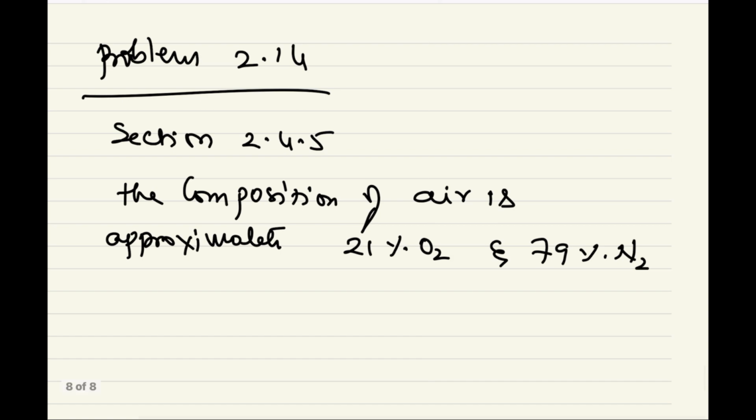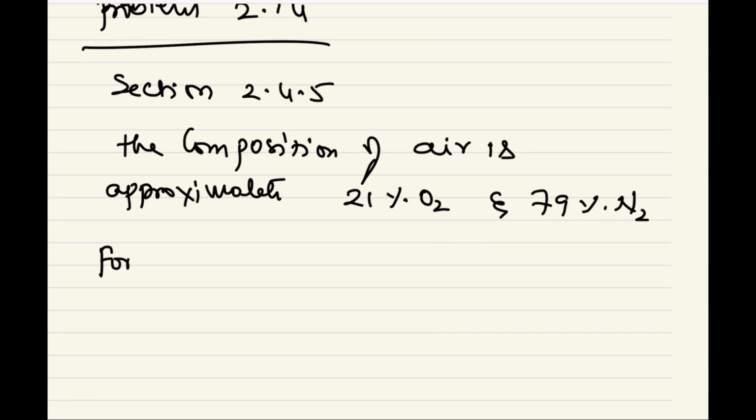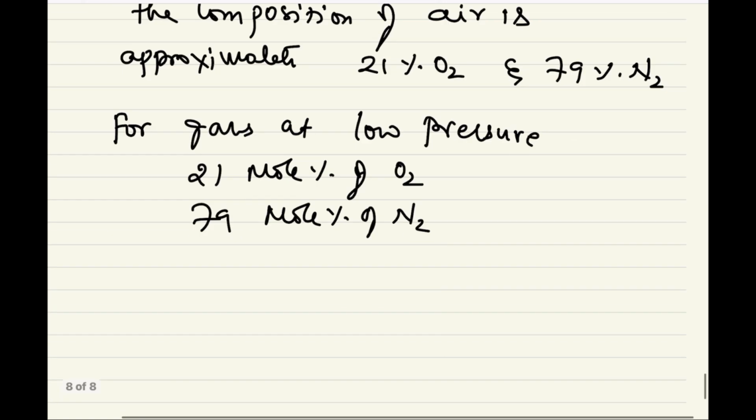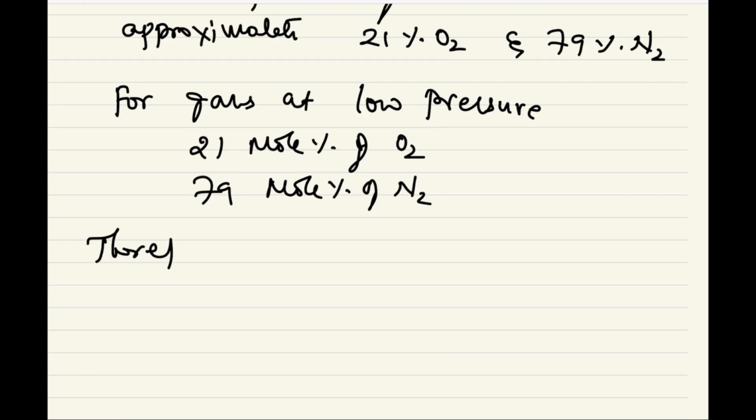For gases at low pressure, whatever the percentages are can be considered as mole percent. That is 21 mole percent of O2 and 79 mole percent of N2. Therefore, we can take the basis as 1 gram mole of air.